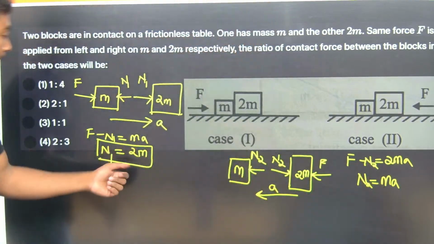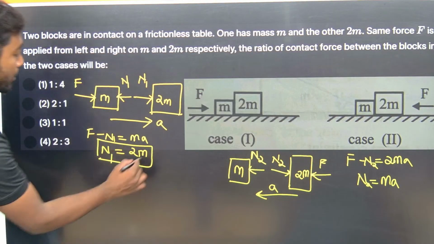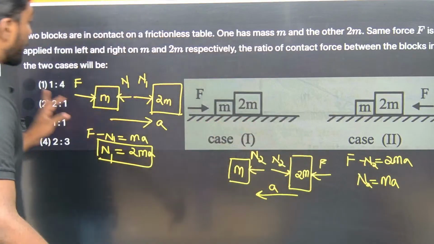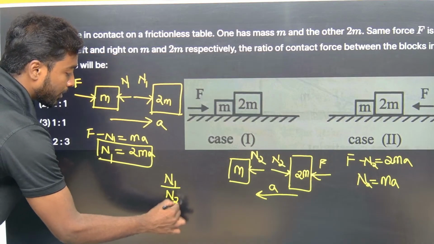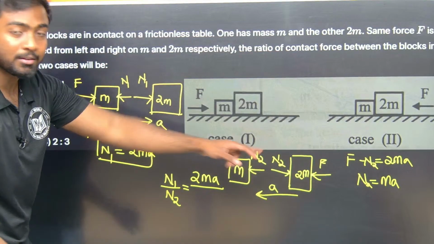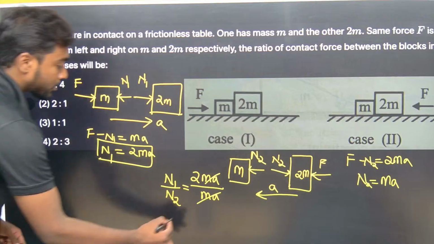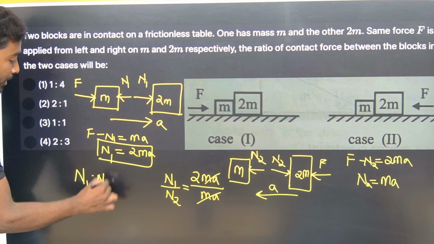So n1 is equal to 2m a, and n2 is equal to m a. If I want to write the ratio, n1 by n2 is nothing but 2m a divided by m into a. Here ma will get cancelled out. So the ratio n1 is to n2 is equal to 2 is to 1.